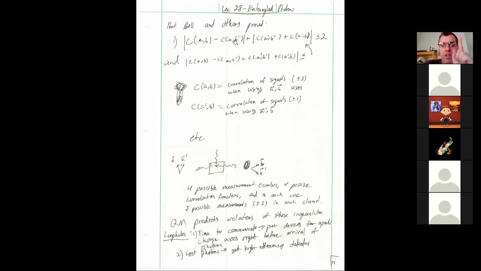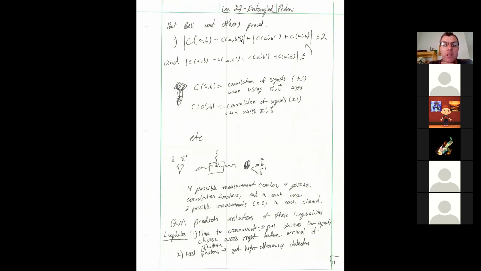Then C of A, B prime is, what if we happen to be using A on the left, but now we're using B prime on the right? And then C of A prime, B prime, again, another pair of axes. So there are four possible combinations, and with each possible combination comes a correlation function.